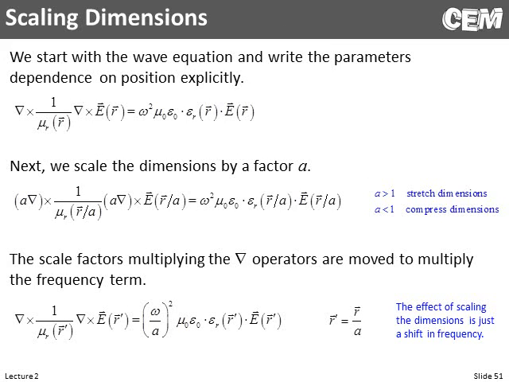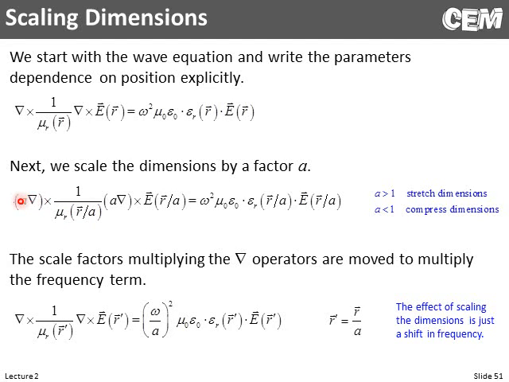So here's the sort of proof of that. So we start off with our wave equation, right? Then what we're going to do is we're going to scale it. Everywhere there's a physical dimension, we're going to scale it by A. So if A is greater than 1, we're stretching the thing. If it's less than 1, we're going to compress. So everywhere there's a dimension, R, that's a position, we'll divide by A. This gradient operator is a spatial derivative. We're dividing by a spatial dimension.